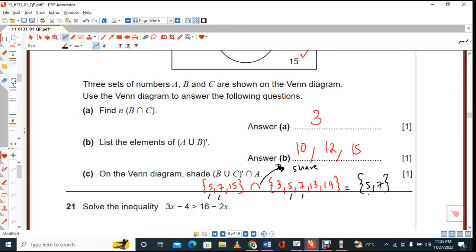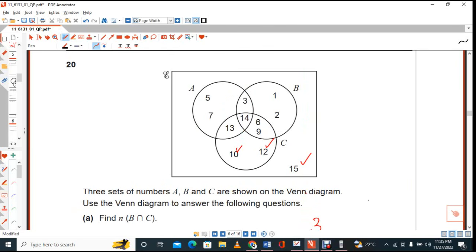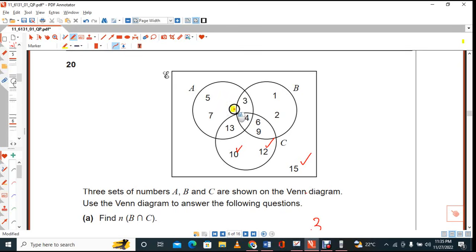Where 5 and 7 is, that is going to be the region that I'm going to shade. So expect your shading to be only where you have the 5 and 7. Whatever method you are using, as long as you realize that this is the particular region we're looking for. Good.